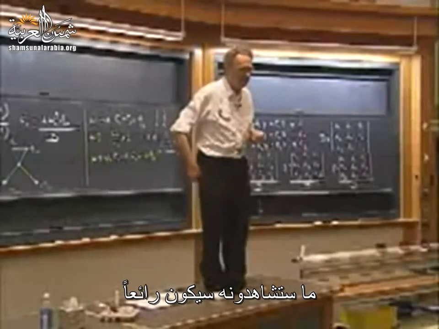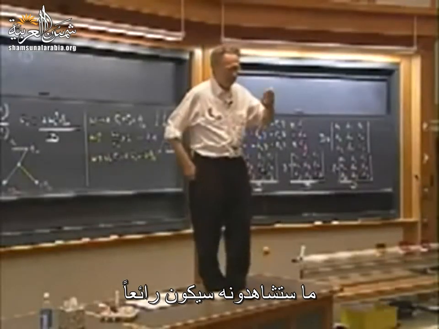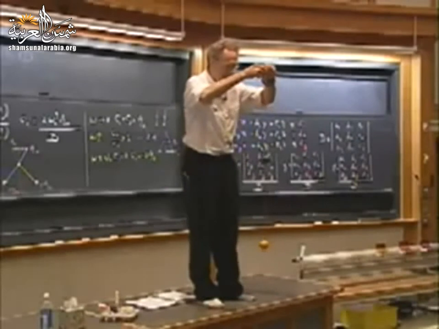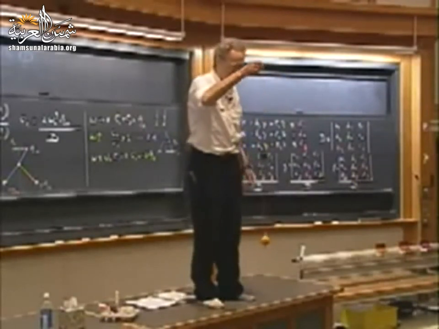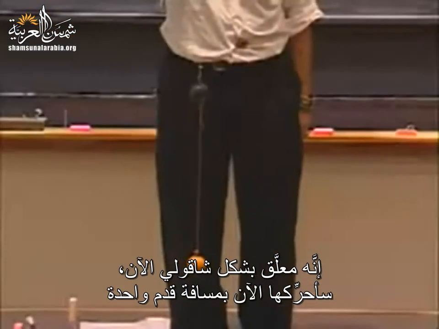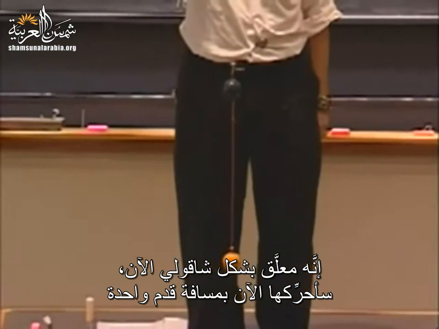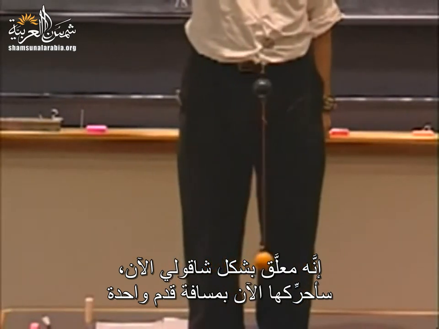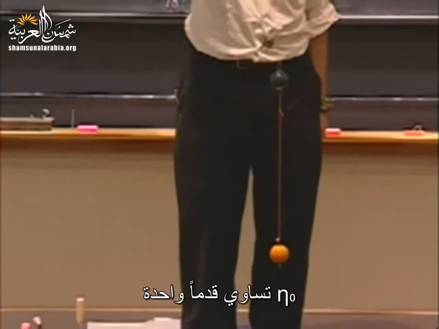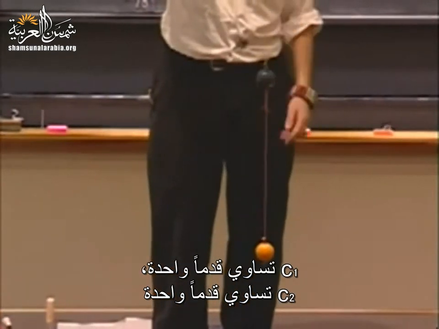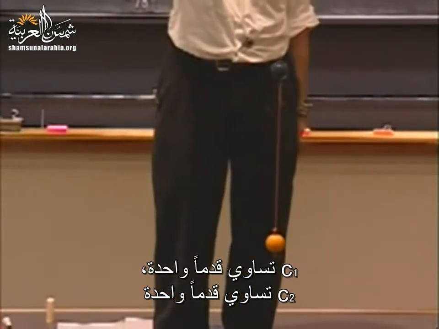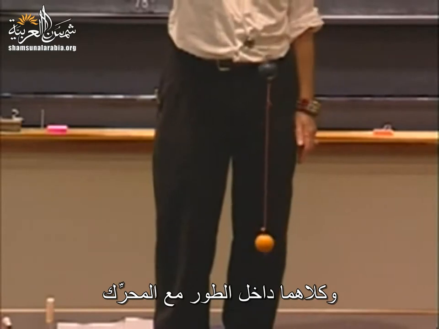And what you're going to see is, of course, fantastic. Absolutely fantastic. It's hanging straight down now, and I'm moving it over a distance of 1 foot. So eta 0 is 1 foot, and C1 is 1 foot, and C2 is 1 foot, and they're in phase with the driver.